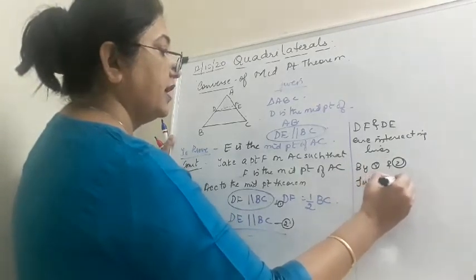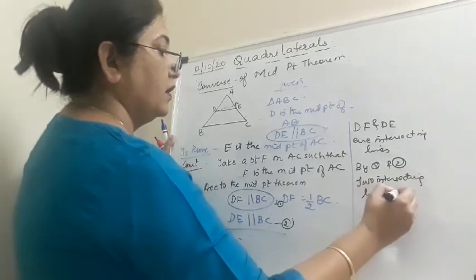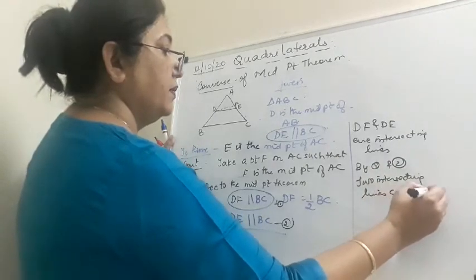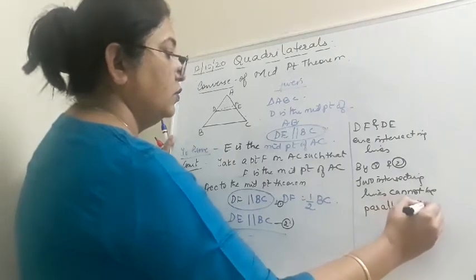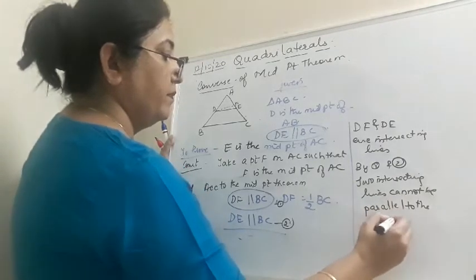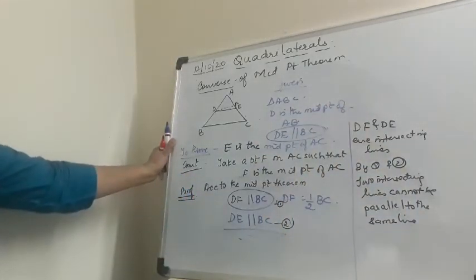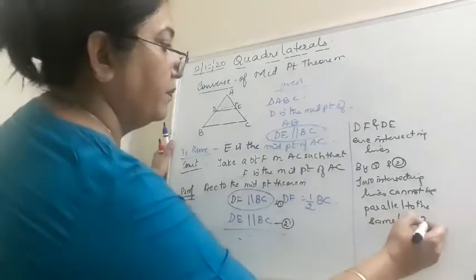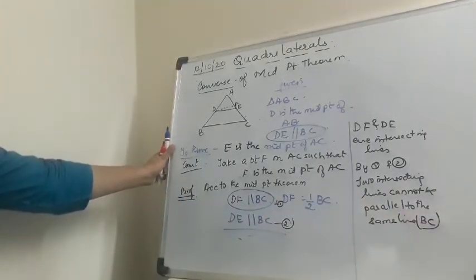two intersecting lines cannot be parallel to the same line. And what is the same line? BC. So we write, two intersecting lines cannot be parallel to the same line.